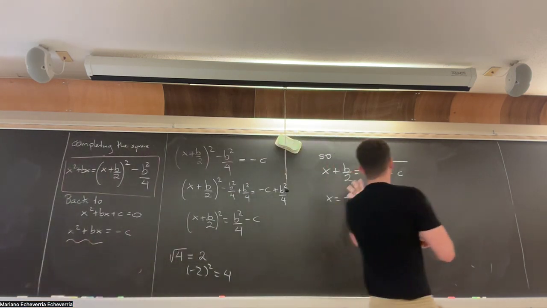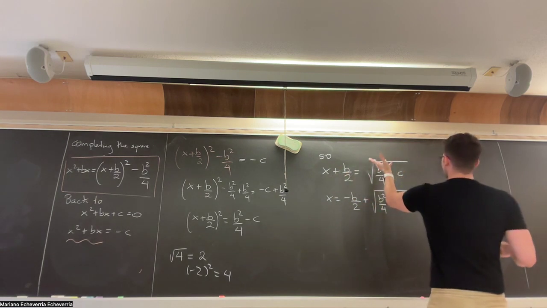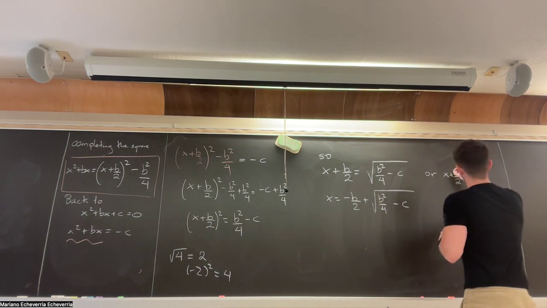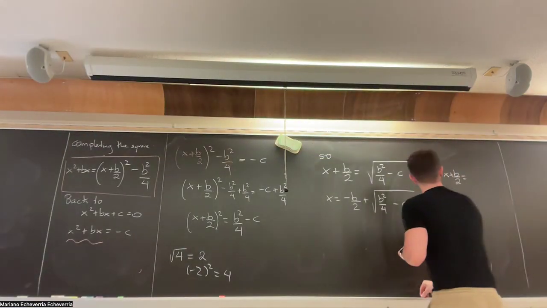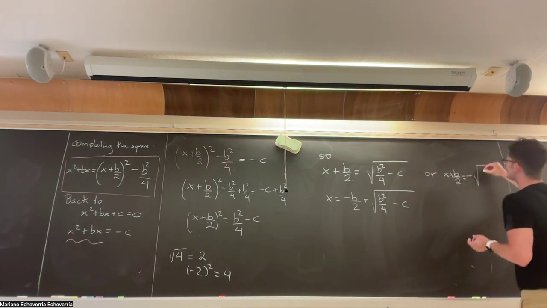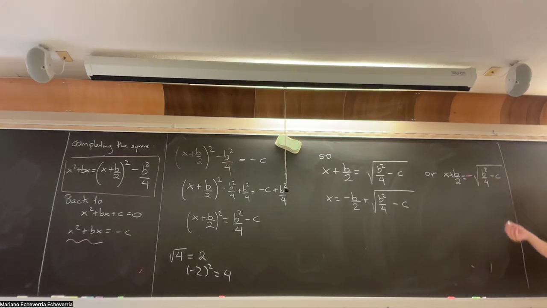So one option is for this to be the square root, but the other option would be for x to be minus the square root of that. If you have seen this before with a quadratic equation, you have two solutions, and that is where the other solution comes from.